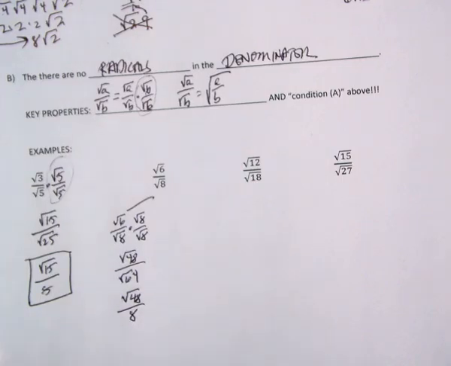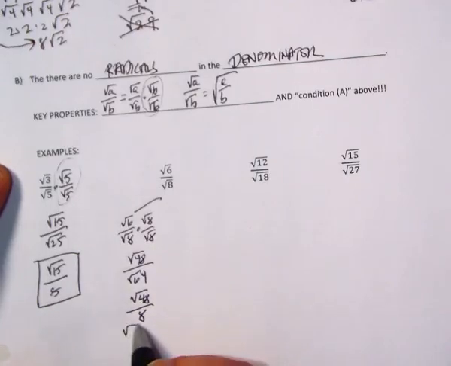But square root of 48 is not simplified. So now we're back to rule number 1. And we have to find perfect square factors of 48, one of which would be 16. So then we have to write this as the square root of 16 times 3 all over 8.